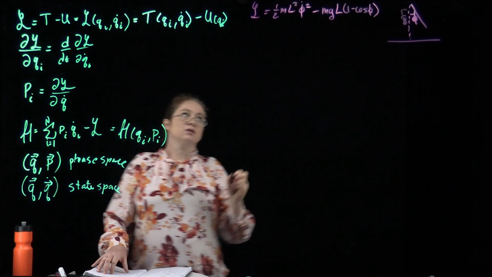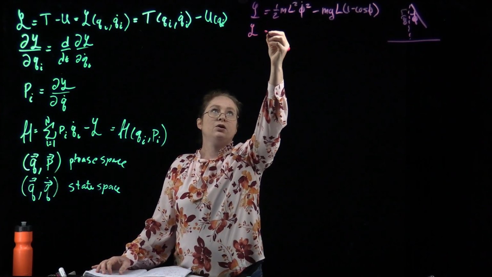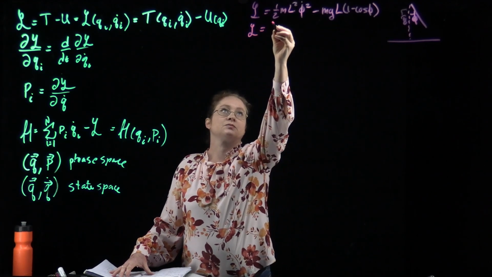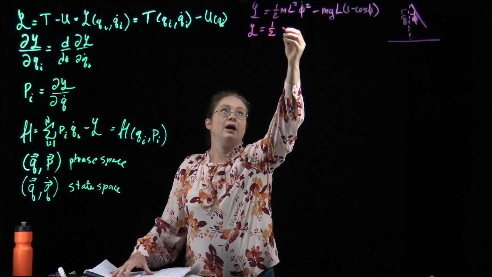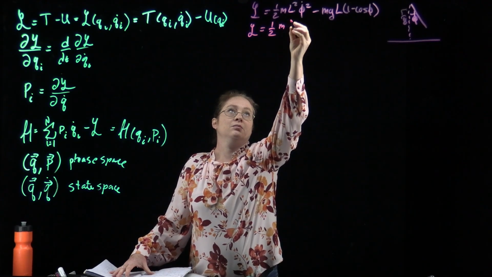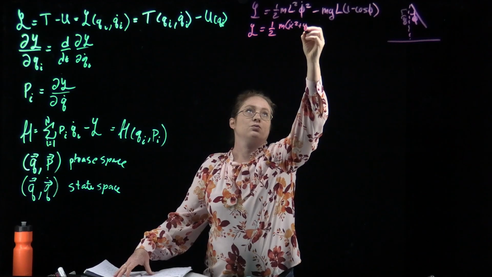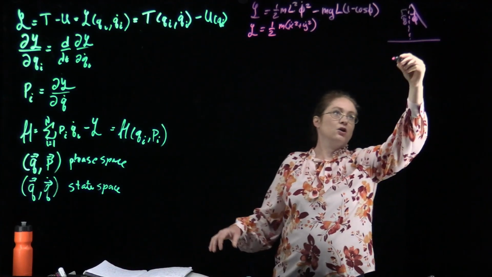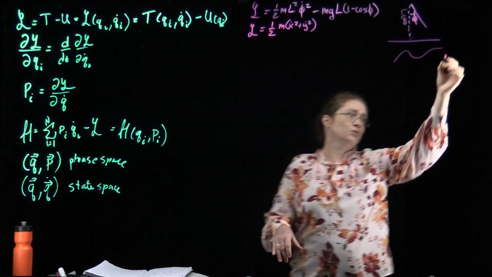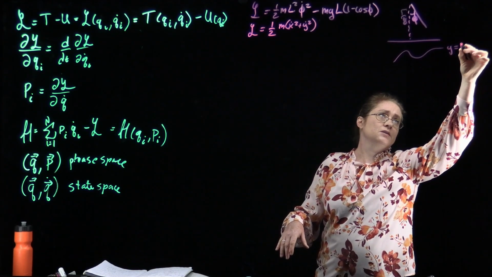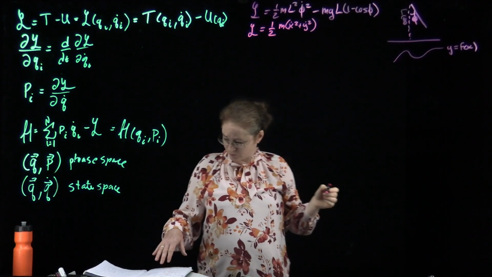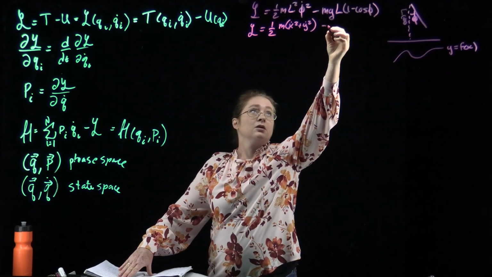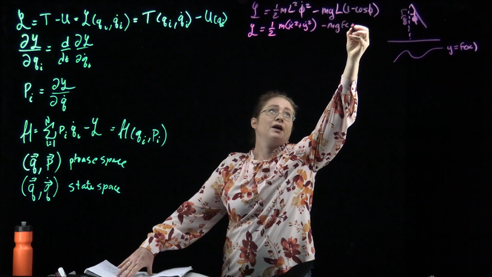We can also consider the example of a bead on a wire, which we visited a couple chapters earlier. In that case, you have 1/2 m (x dot squared plus y dot squared). And here your wire can be any arbitrary shape, so we will say that the shape is some function of x, and then minus mg f of x.